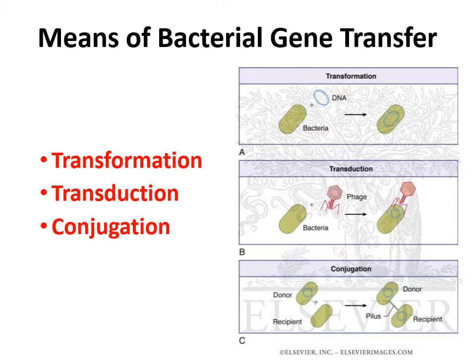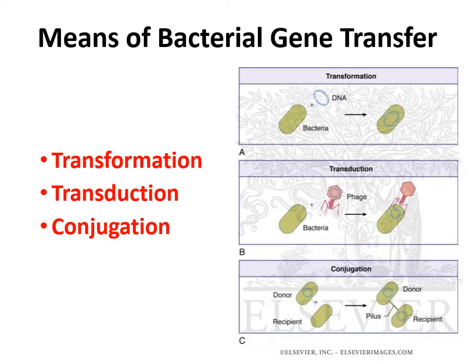Okay, if you don't know what that is, I will not explain it, but for those of you who do know what that is, it's a little trick that can help you remember that conjugation is basically a fancy way of saying bacteria sex, because as you can see in this third picture, in conjugation, one bacteria cell is getting DNA from another, and the way they transfer it or they get that DNA is through the formation of a sex pilus, basically a little narrow tunnel for DNA to transfer from the donor to the recipient.